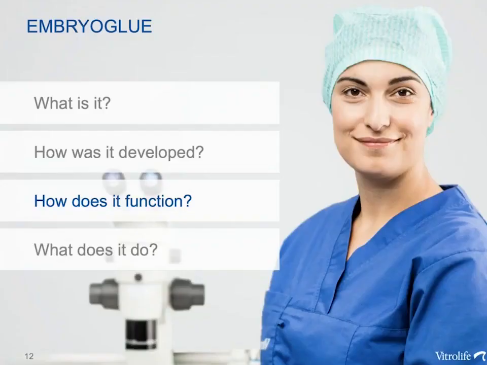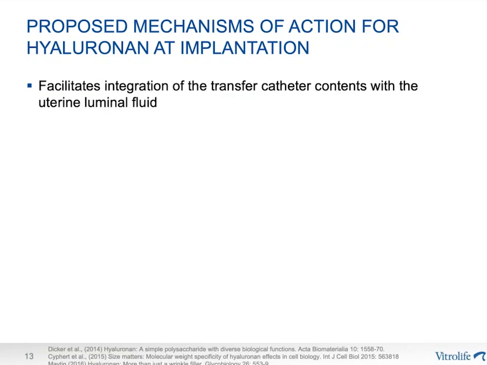So how does it function? I'm going to give you now some proposed mechanisms of action of hyaluronan within the uterus. The first one has been tested. If you take a column of uterine fluid and put it in a capillary, and on top of which you add some culture medium, which is basically an aqueous solution of salts and carbohydrates, amino acids, they're rather immiscible.